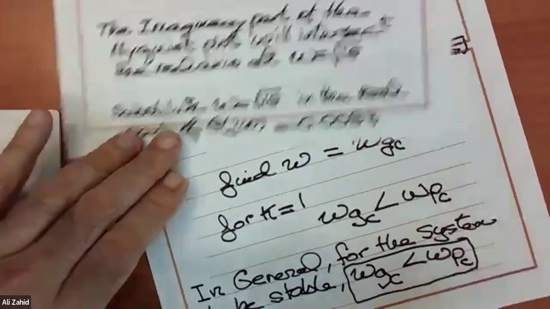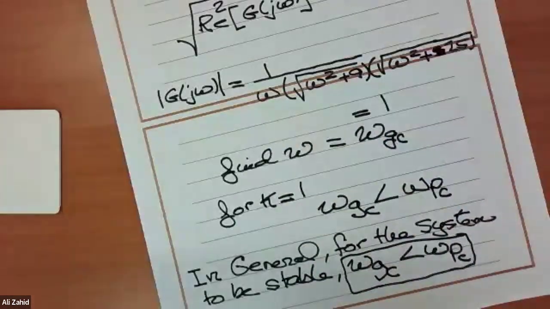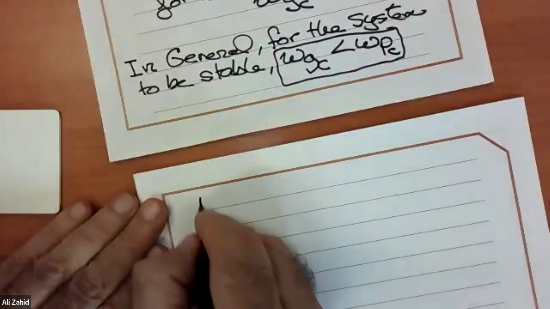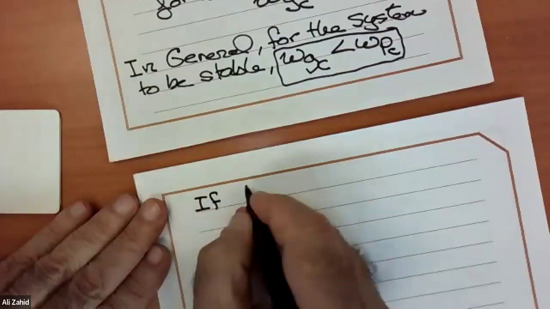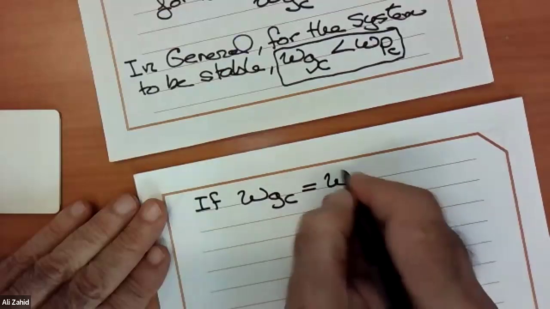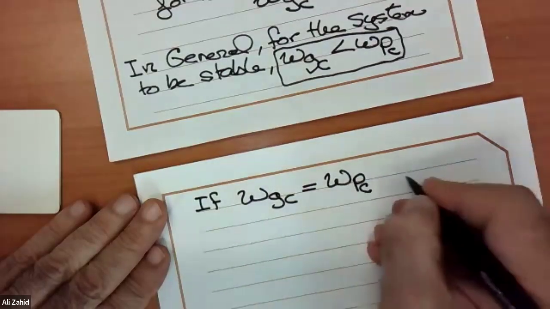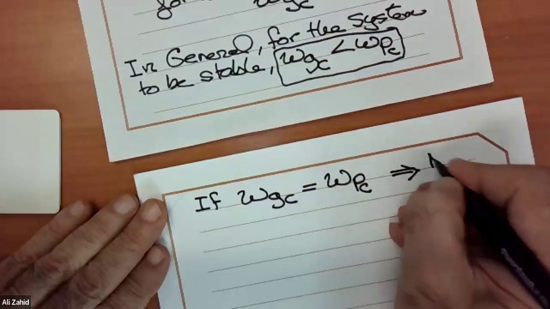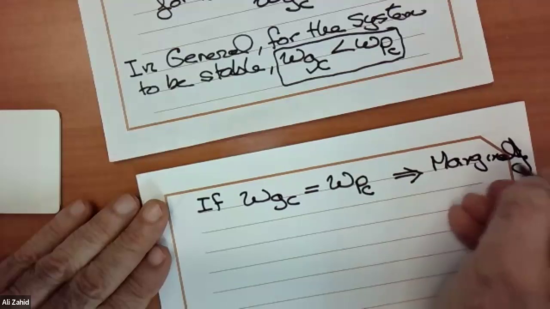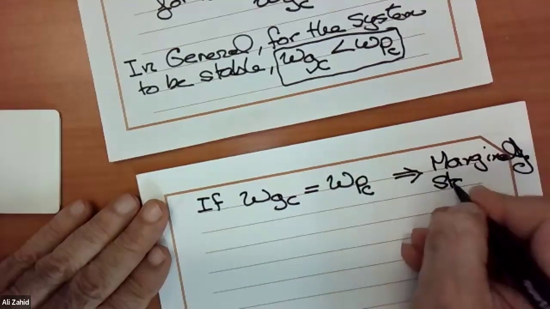If omega GC is equal to omega PC, the system is marginally stable.